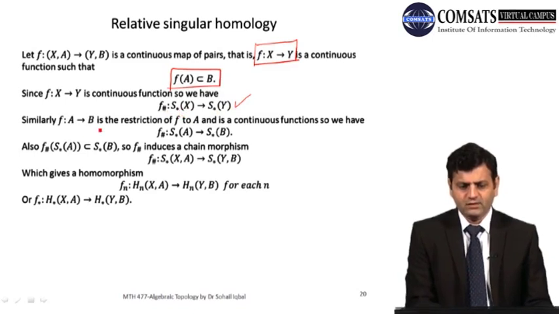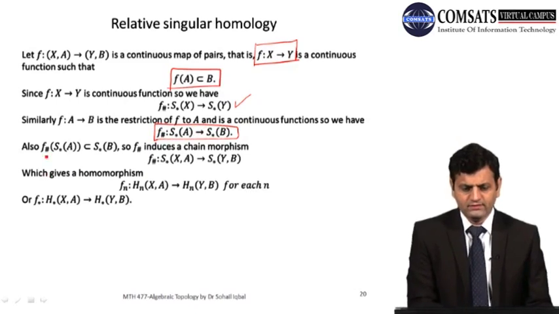Also f is a map from A to B and it is also continuous. So when we restrict this f to this subspace A of X, then we have a continuous map from A to B. So of course this will also give me this chain map between the chain complex of A and the chain complex of B.